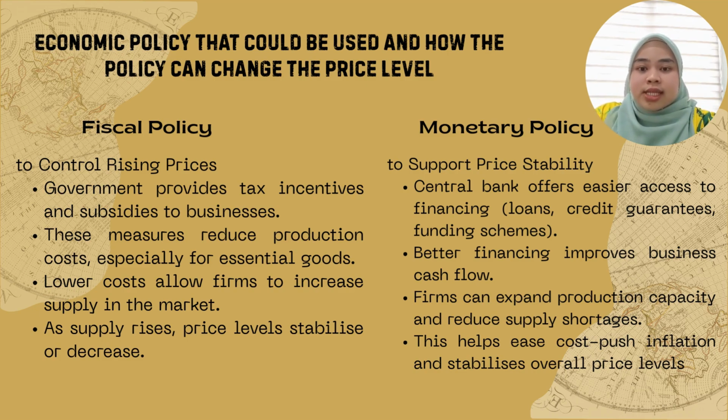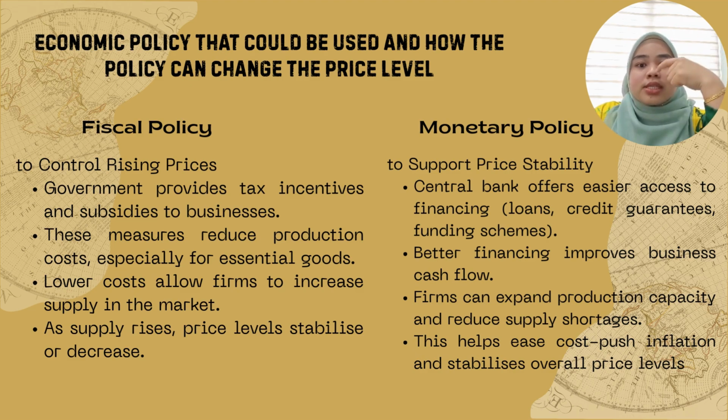Next, monetary policy also plays an important role. Through monetary policy, the government and central bank can provide easier access to financing. These include business loans, credit guarantees, and various financing schemes.